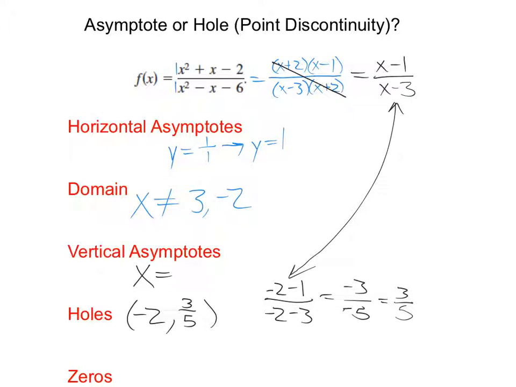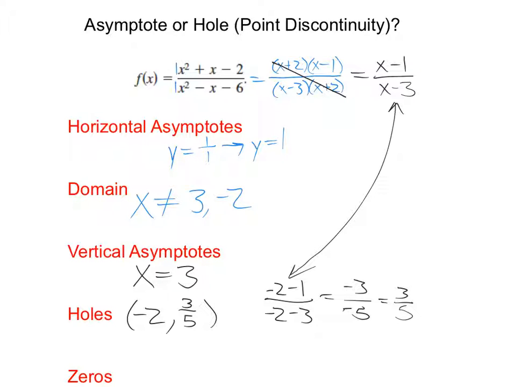So here's kind of a rule here, guys. When you identify your domain, those values are going to give you either asymptotes or holes. You can't have one value that gives you both. If it cancels out, that means it was a hole. If it's left over in your final rational function, then that means it's an asymptote.